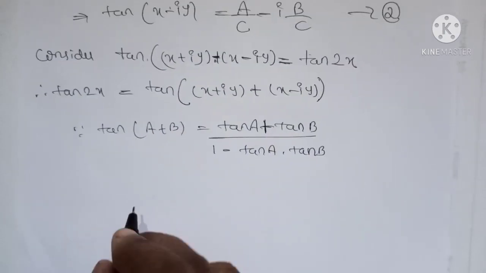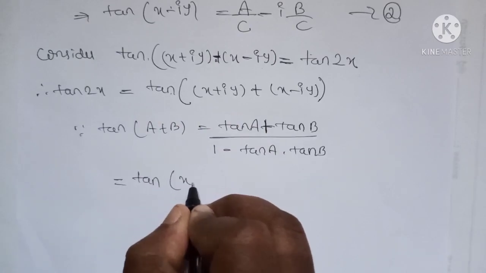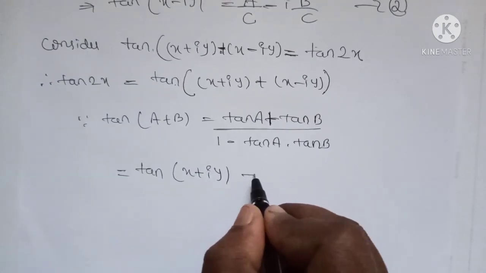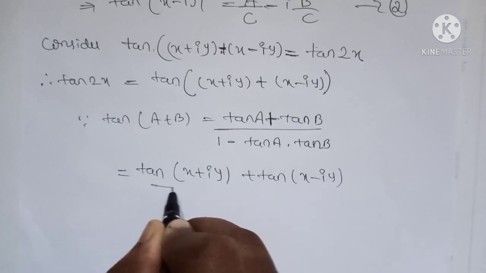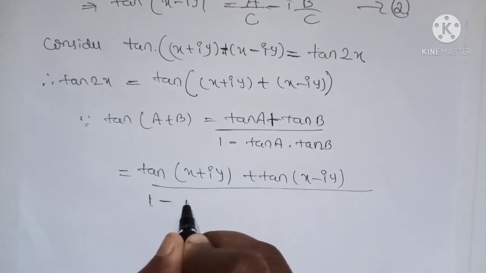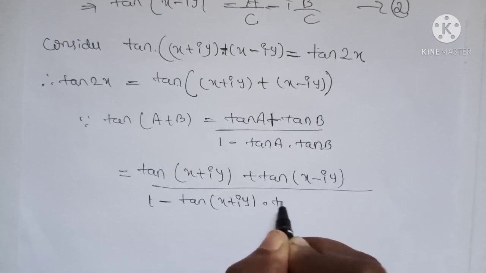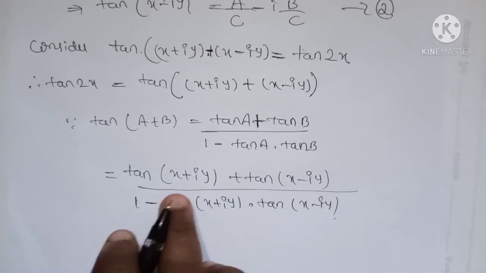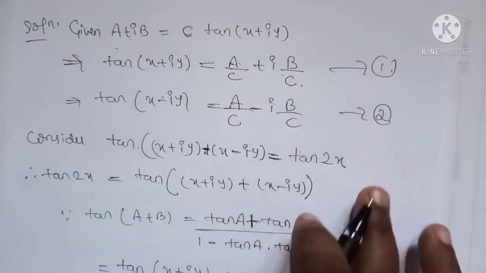So therefore this one can be written as tan(x + iy) + tan(x − iy) in the numerator, and denominator 1 − tan(x + iy) tan(x − iy). Now substituting tan(x + iy) and tan(x − iy) from equations 1 and 2.